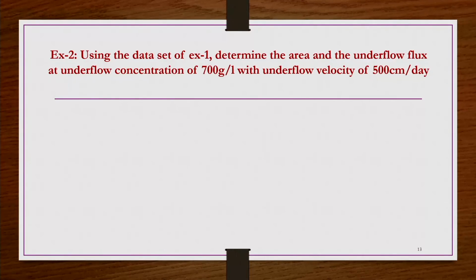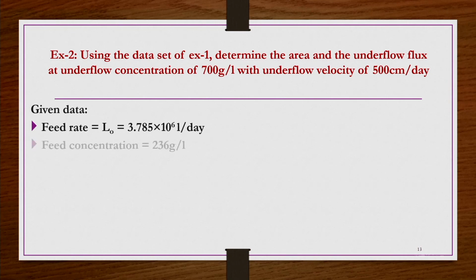Okay. Now we take another example problem. Using the data set of example 1, determine the area and underflow flux at underflow concentration of 700 gram per liter with underflow velocity of 500 centimeter per day. So then the given data is feed rate L naught, the rate at which the slurry is entering this continuous thickener, given in liters per day.